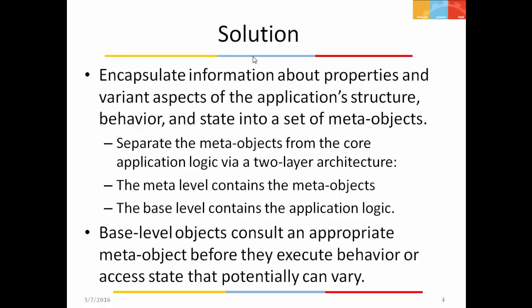Now if you want to create a system where your application is very adaptable, and can manage any kind of unanticipated change, then the design should be that at the base level the objects always consult the appropriate meta level object at the top before executing their behavior.